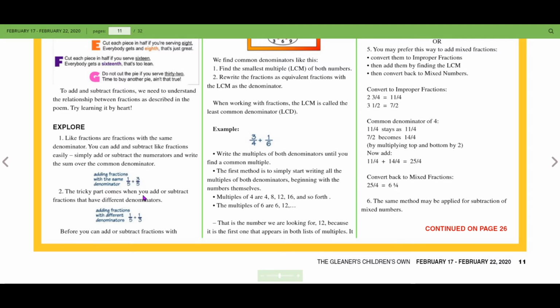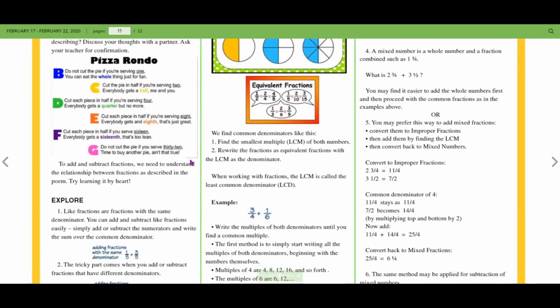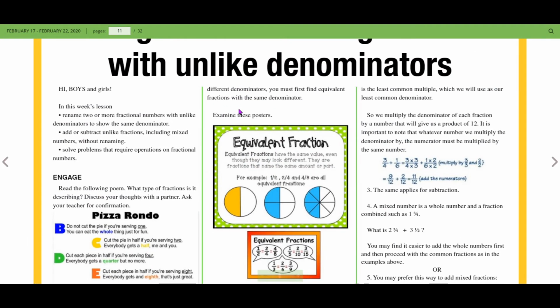The tricky part comes when you add or subtract fractions that have different denominators. Here we have 1/5 plus 1/3. Before you add or subtract with different denominators, you must first find equivalent fractions with the same denominator.